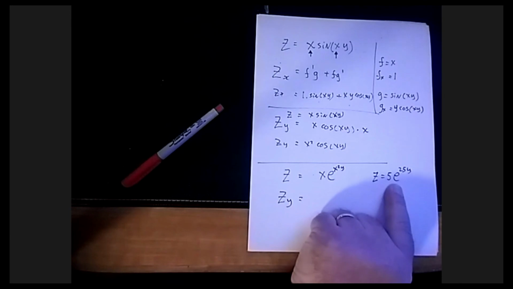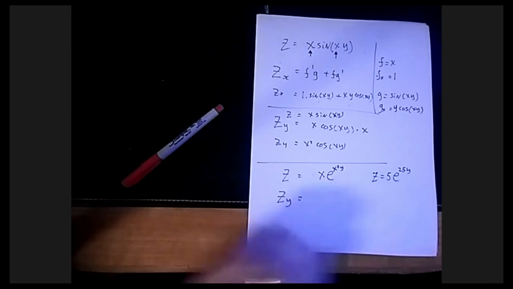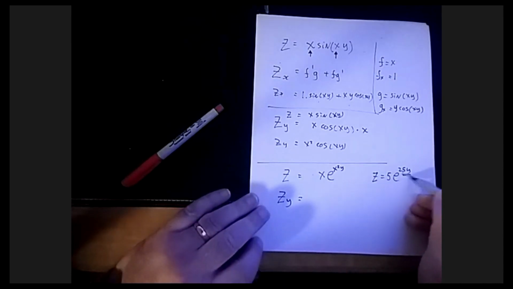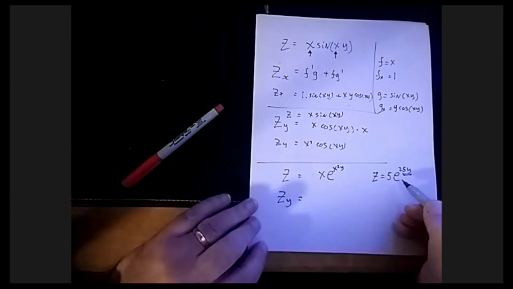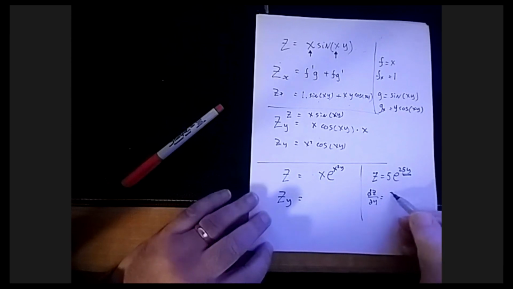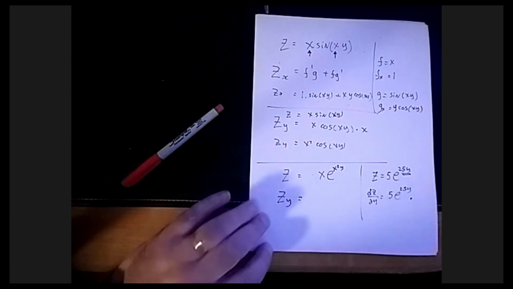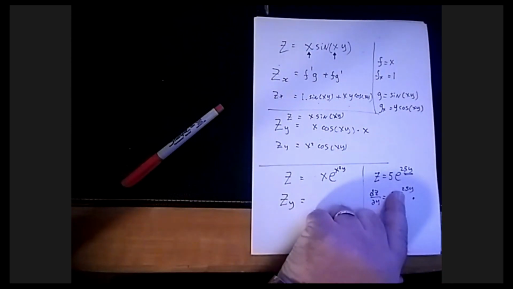This is how you would work with it in Calc 1, and this is how you're going to deal with it now in Calc 4. The chain rule comes because of this. Now, if you wanted to differentiate this fella, right, with respect to y, you would get 5e to the 25y times the derivative of 25y.